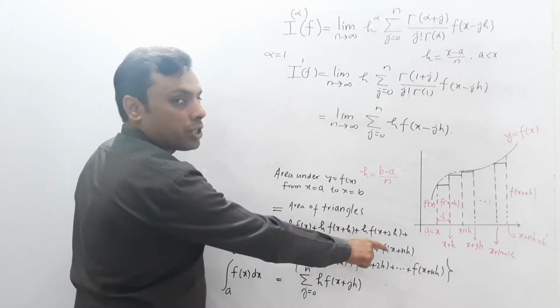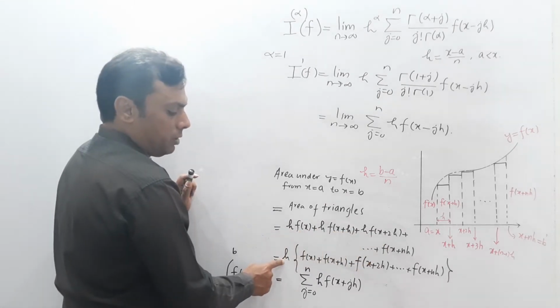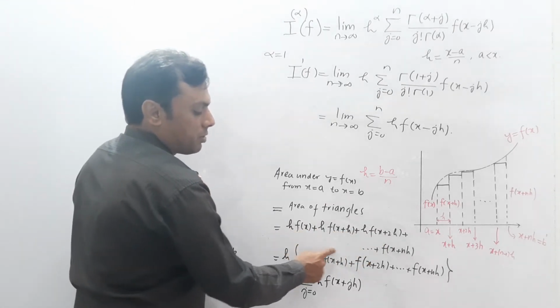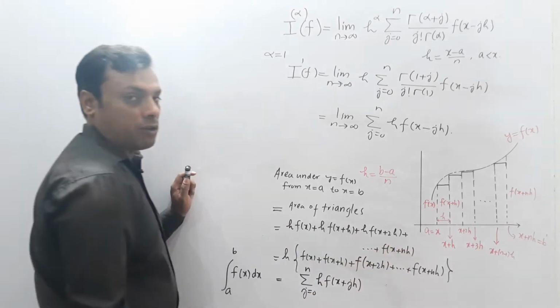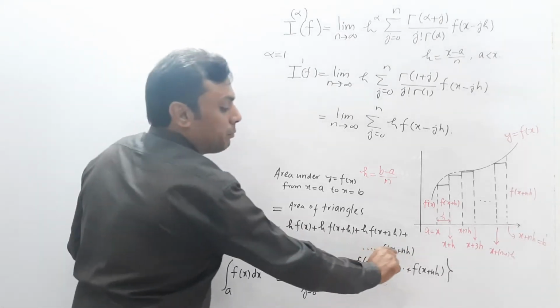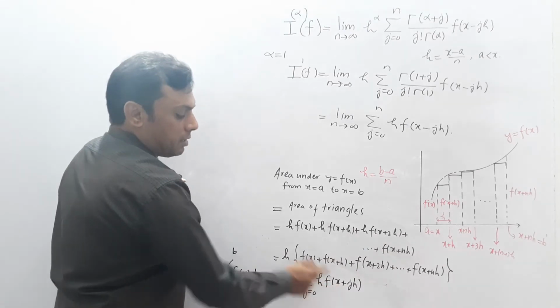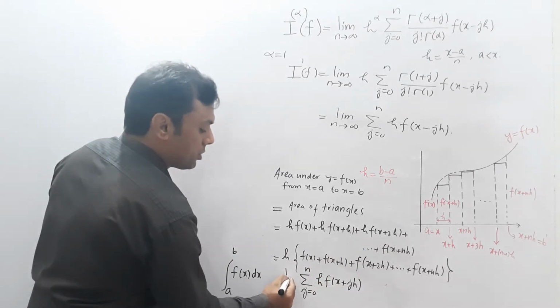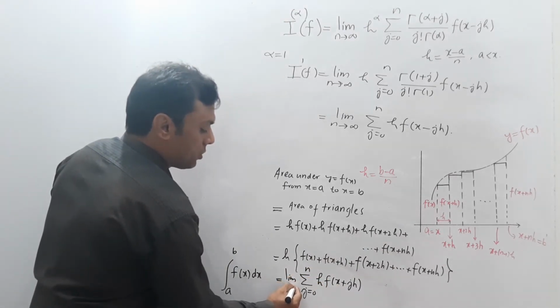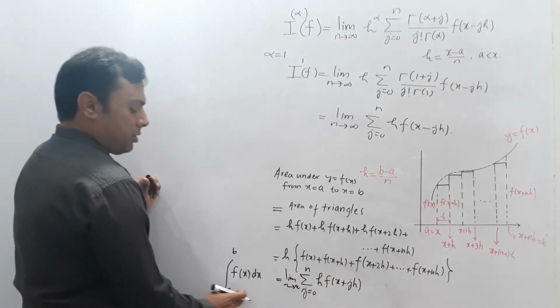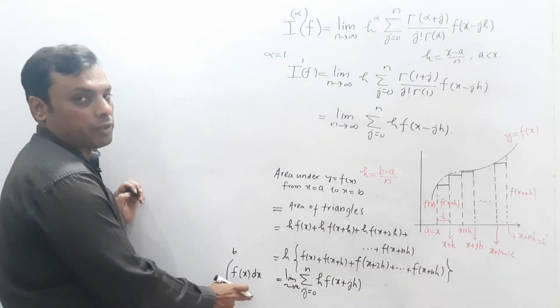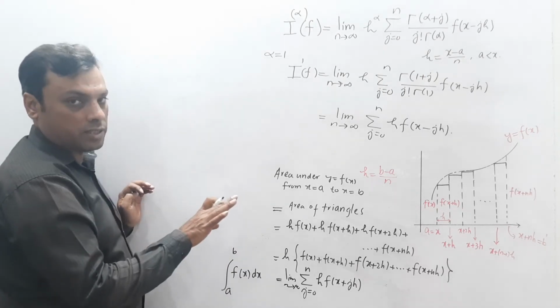Since h is the same for each rectangle, it can be taken out as common, and the remaining is f of x, f of x plus h, f of x plus 2h, and so on, f of x plus nh, which can be written in series form. And if we take the limit n tends to infinity, this becomes the integral from a to b of f of x dx. This we already know in classical calculus.